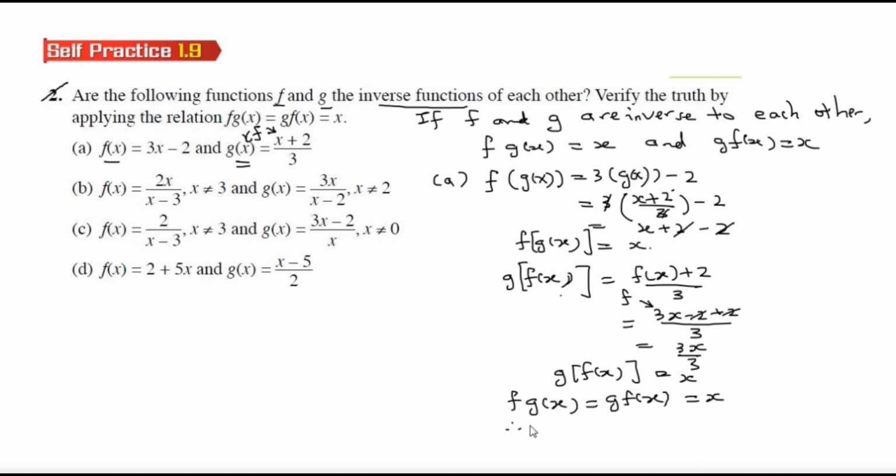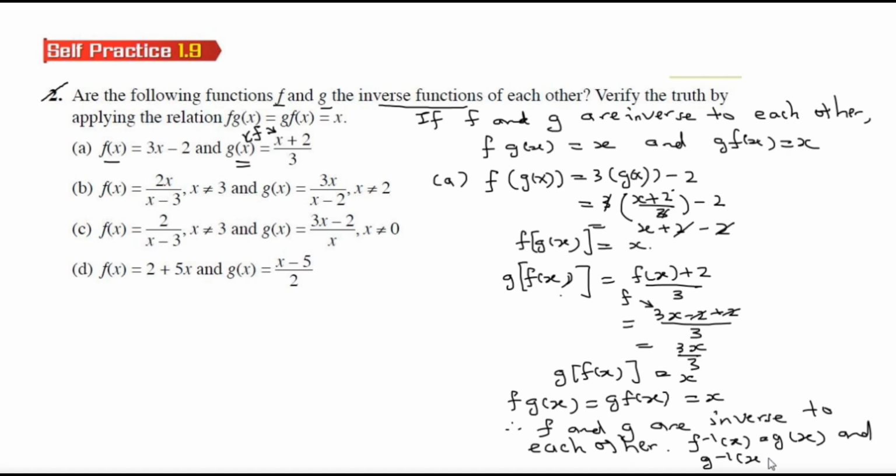Then we can make a conclusion: f and g are inverse to each other. That is, f inverse x is equal to g(x) and g inverse x equals to f(x). This is A.